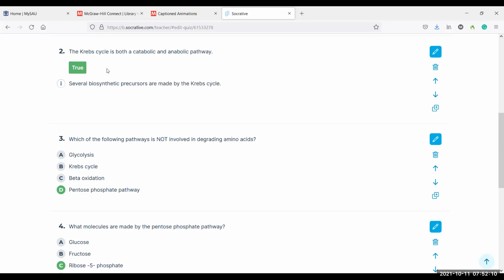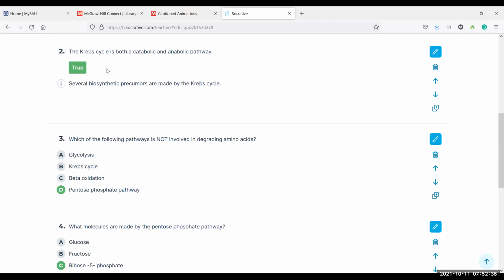Glutamate is also used to make a couple of other amino acids like proline. Now, I don't require you to remember this. All I want you to know is that from the Krebs cycle intermediates, you withdraw metabolites and you use them to make various molecules.